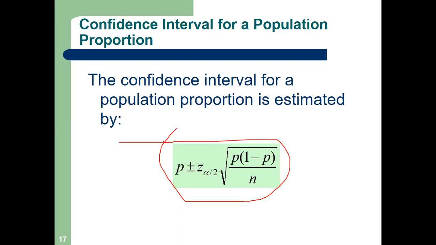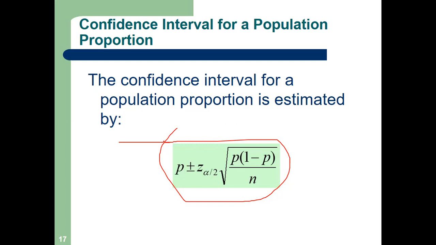How to calculate the confidence interval for a population proportion. So it can be in the form of a proportion. I will show you one example, you will understand where we are going to apply it. All of you please write down: the confidence interval for a population proportion is given by this formula.